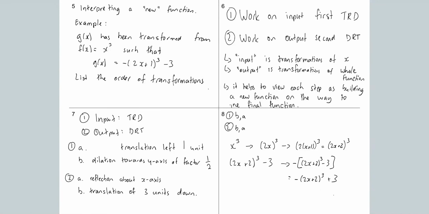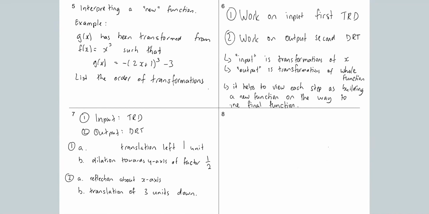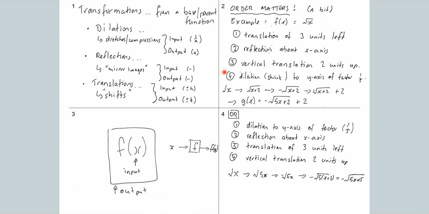So to summarize, what I've tried to do is spell out really clearly what the transformations are and why order matters. In terms of applying it, if you've been given a list of transformations, you just apply them, thinking about creating a new function every single time.